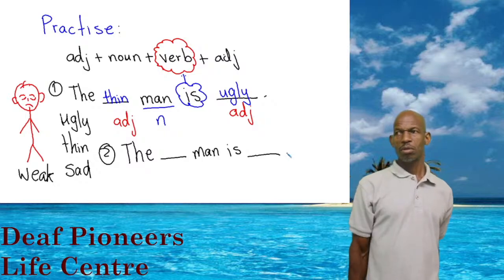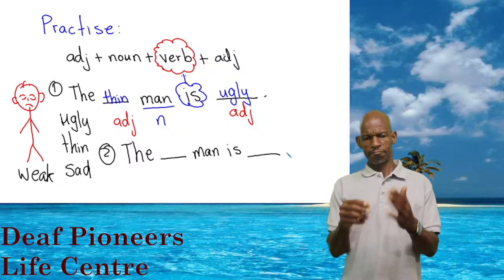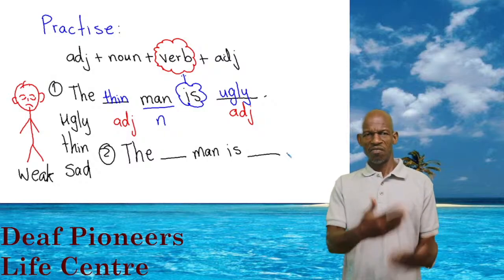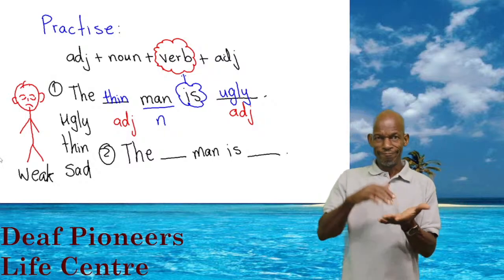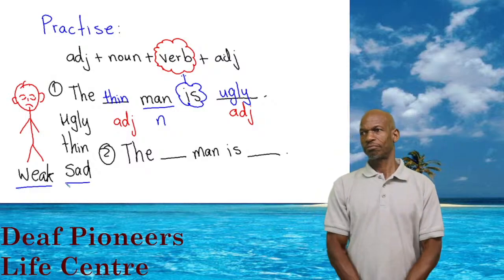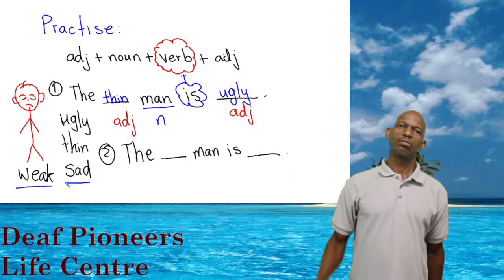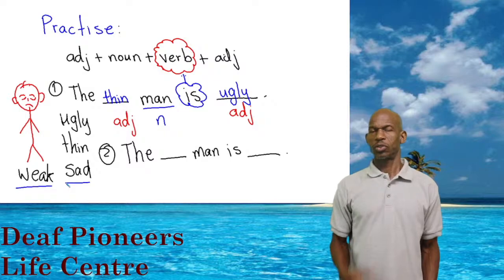So we are taking the adjectives from the list that we made for the man. So we said the thin man is ugly. We can say something again using the same adjectives. We then use the adjectives weak and sad. So we can put those 2 adjectives in the same sentence. And watch what I'm doing. I'm putting the adjective before the noun.